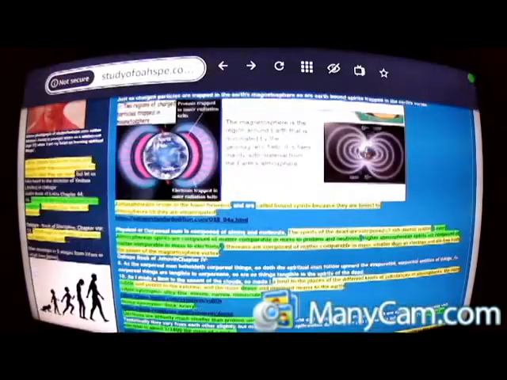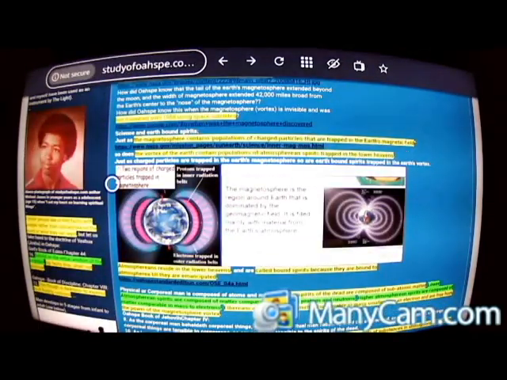Now, synonyms for earthbound mean blocked off, trapped. There's the word trapped. Just like you see that word right there, two regions of charged particles trapped in the magnetosphere. Protons trapped in the inner radiation belt.